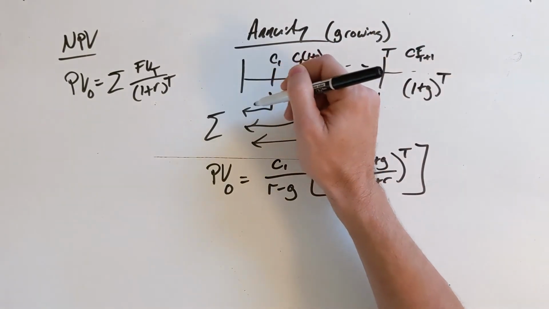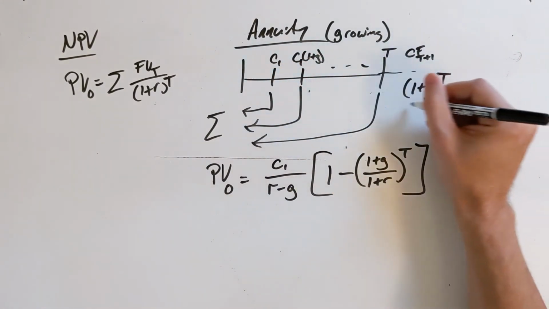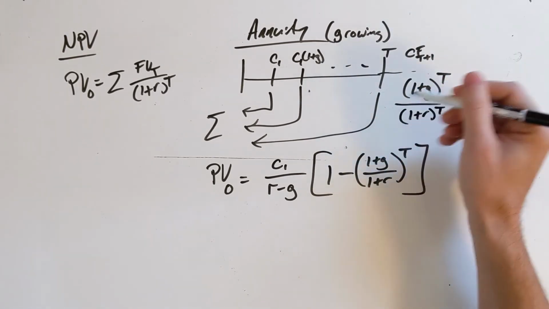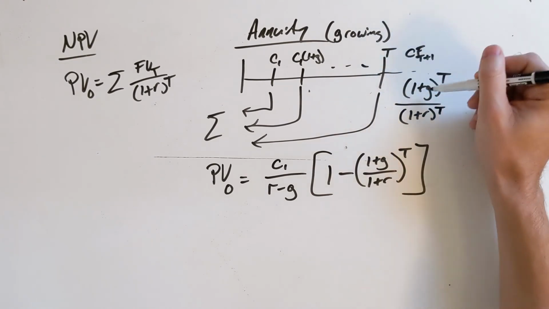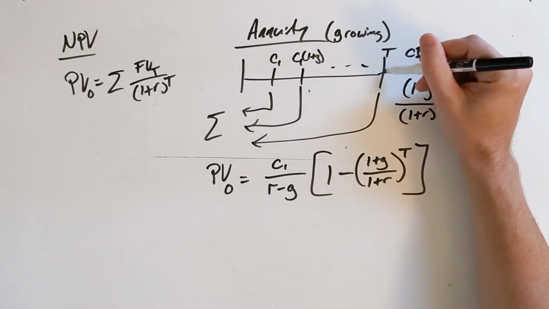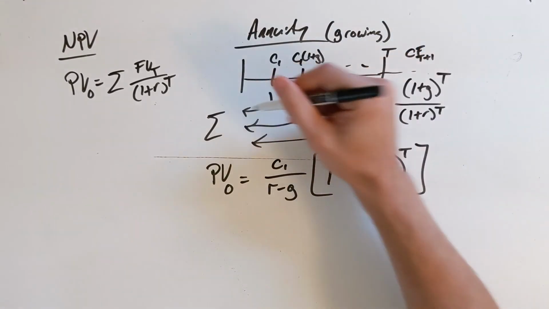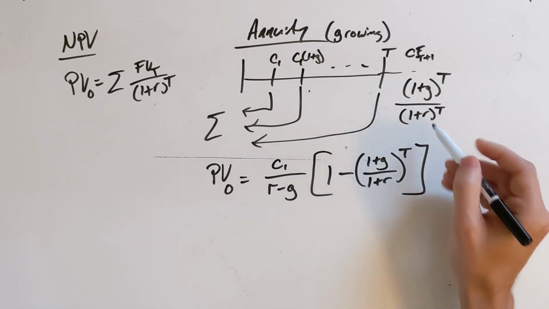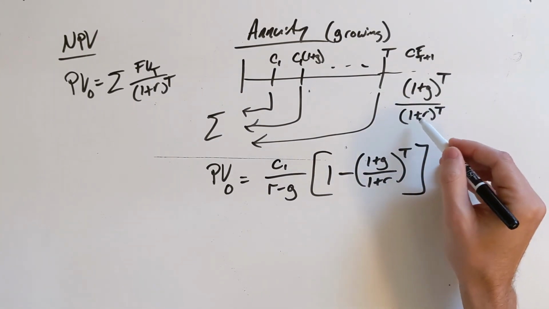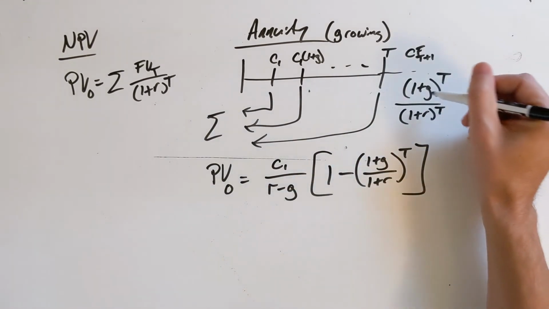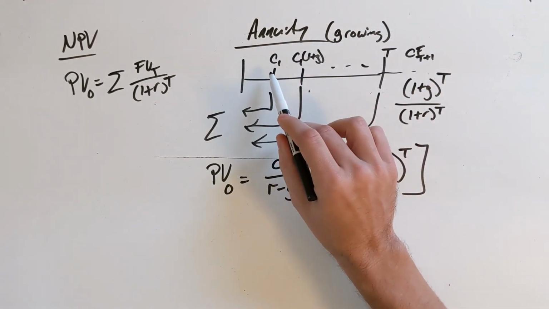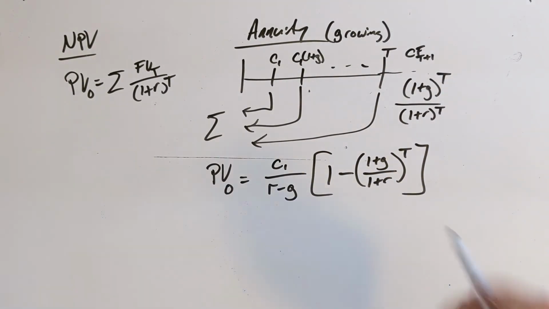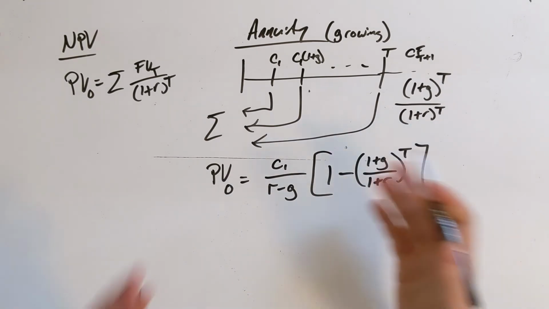Likewise, to get back to a present value, I need to discount by T years, because in the formula, we are discounting from year T because that's where the annuity that starts in the future gets valued. Well, this T is a common exponent, and so that gets captured here. And so this handles getting the future annuity discounted back to today. This piece handles the growth in the cash flow through time until you get to that future annuity. And so this ends up being the formula for a growing annuity.